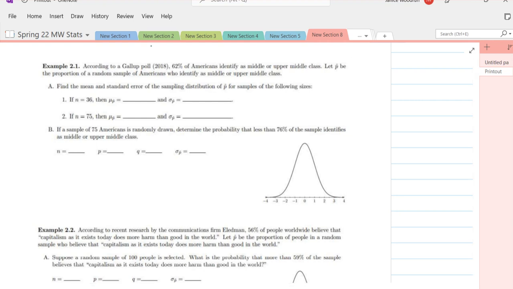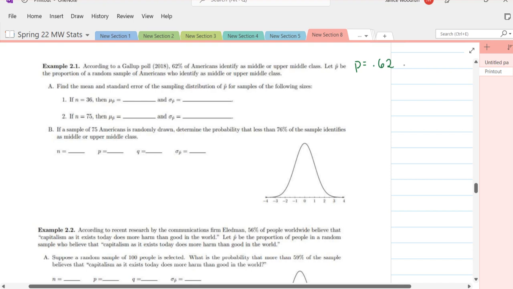So what we know here is that p, the percent of Americans, so that's your mean, is 62%, so 0.62. Which means that q is 1 minus 0.62, the percent of Americans that do not identify as middle or upper middle class, which would be 0.38.